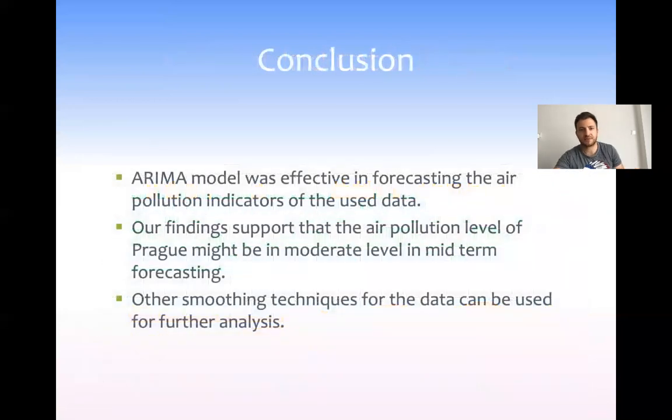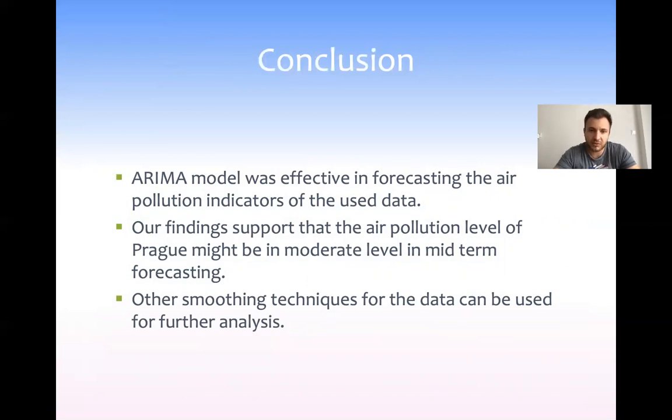So for the conclusion, as I said, ARIMA is the most used technique for forecasting air pollution. It gives pretty good results, but it may change from one city or area to another. Firstly, we need to check the raw data set, and we need to understand the seasonalities and trends in the data sets.